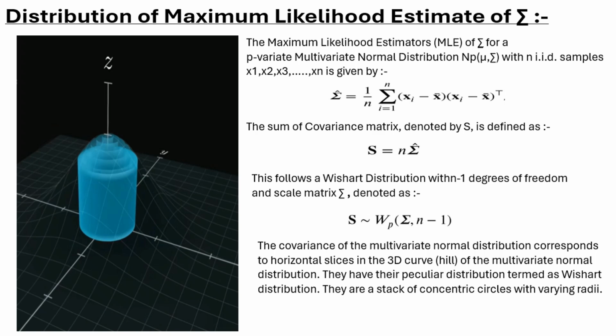They certainly do not resemble the shape of a Gaussian curve, and thus they follow the Wishart distribution with n minus 1 degrees of freedom, and this opens up an avenue to another distribution, that is the Wishart distribution.